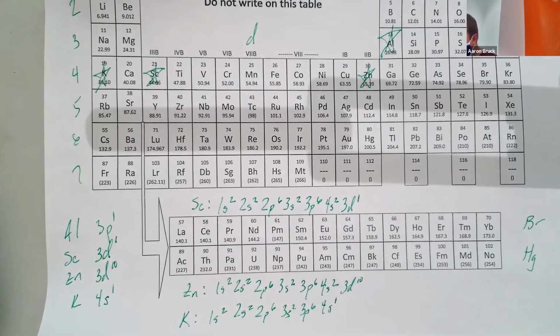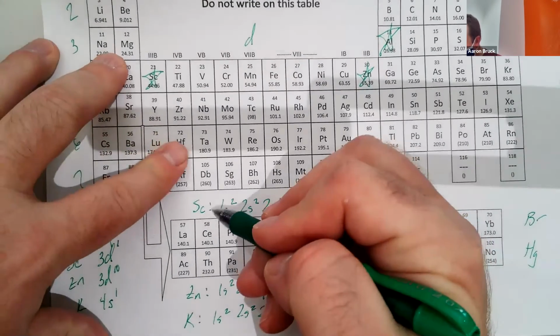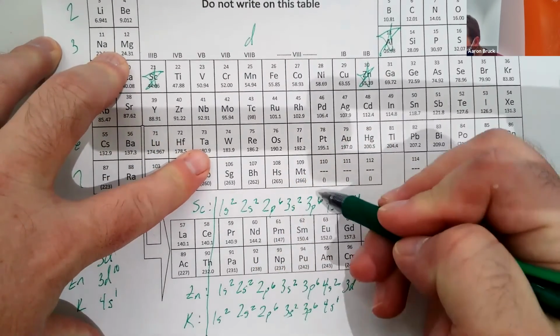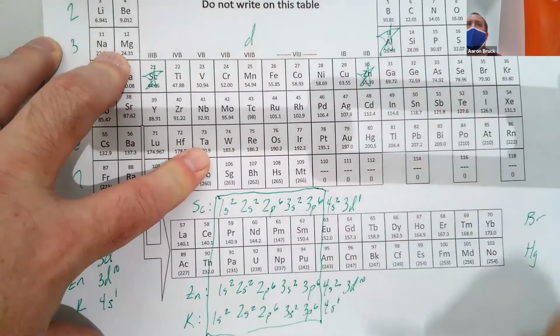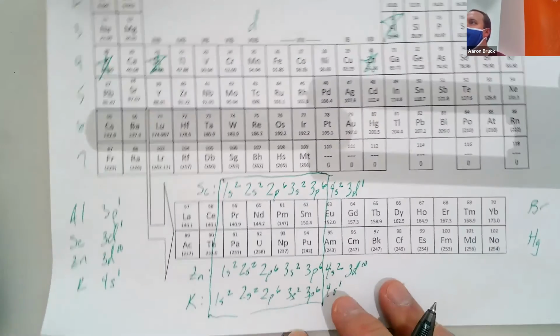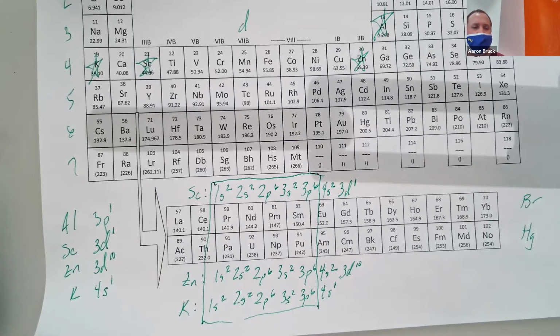One thing that we should notice out of this is that within a given row, there are going to be some common characteristics as far as the electron configuration is concerned. Notice scandium, zinc, potassium, all three are in the same row. The only thing that is different about the three of them is what that last little bit of the configuration looks like.